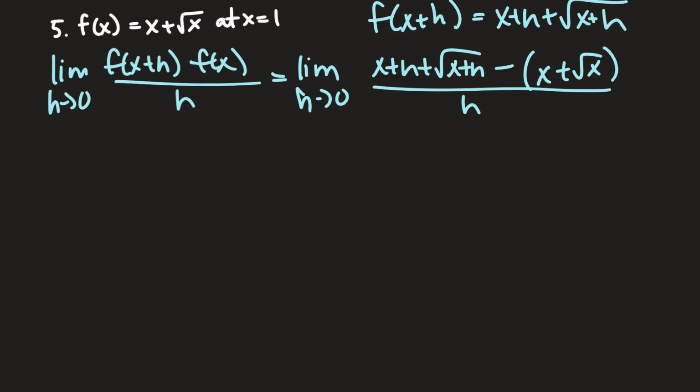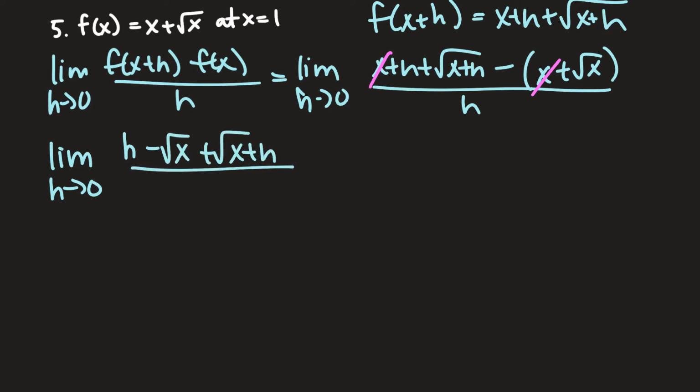So the only thing that simplifies here is my x's go away. And then I'm left with the limit as h approaches 0 of h minus the square root of x plus the square root of x plus h all over h.